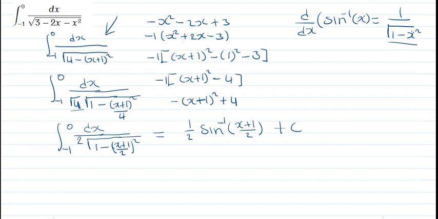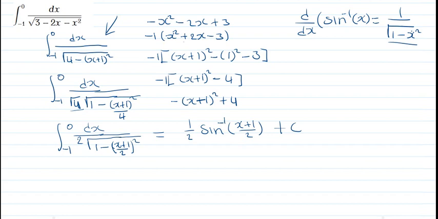Then after writing this, since we've noticed this is the sine inverse of a function, the next part that we're supposed to do here is to differentiate this angle. So after differentiating this angle, we get 1 over 2. In normal sense, when we are differentiating the function, we say the differentiation of the angle multiplied by the whole function. But since we are integrating, we are not going to multiply by the whole function, but we are going to divide.